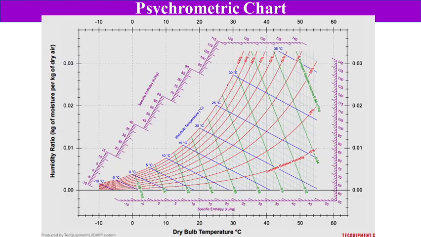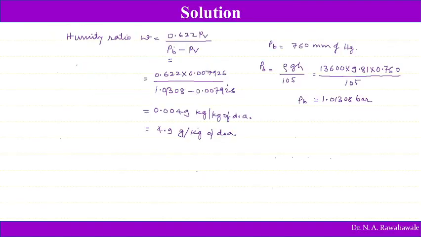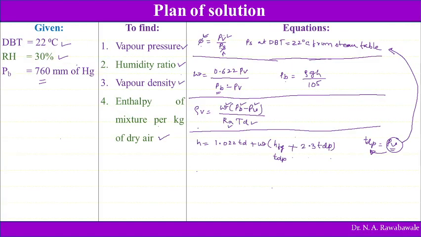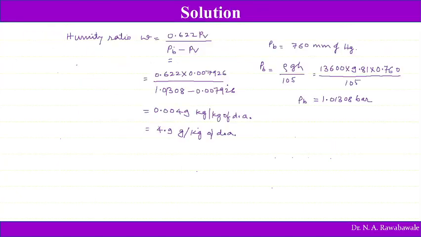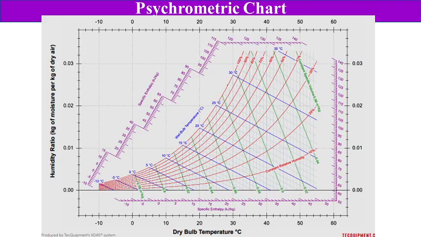Now coming to this psychrometric chart, two things which are given in this problem are dry bulb temperature and relative humidity. Dry bulb temperature is 22 degrees Celsius, relative humidity is 30%. So on this graph, the relative humidity is 30% and dry bulb temperature is 22.